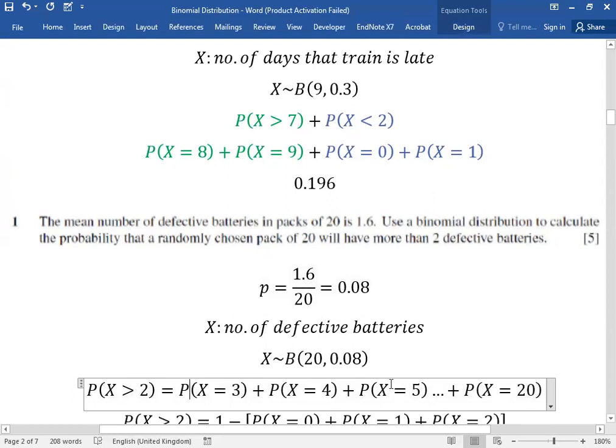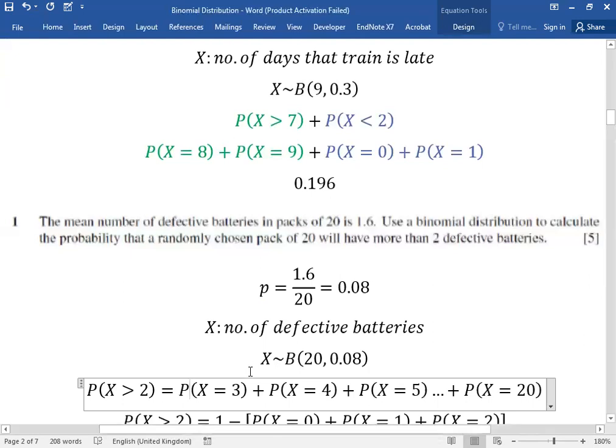How many times will you have to apply binomial here? Isn't there an easier, a better way? Which values of X are we not considering? 0, 1 and 2.